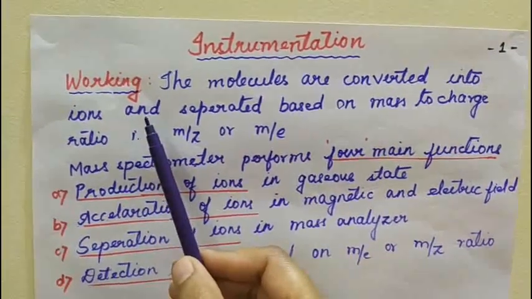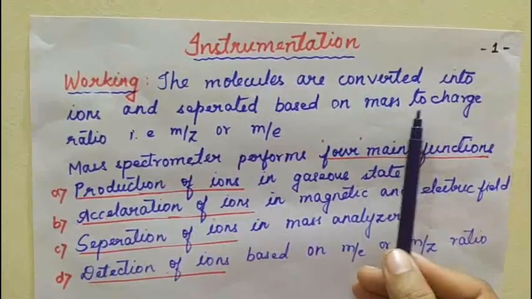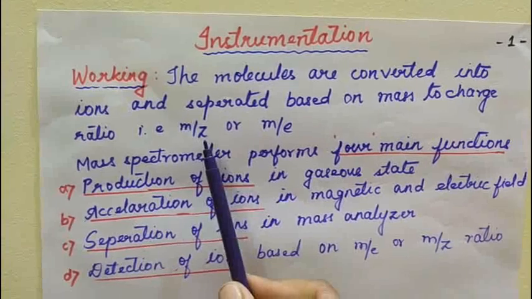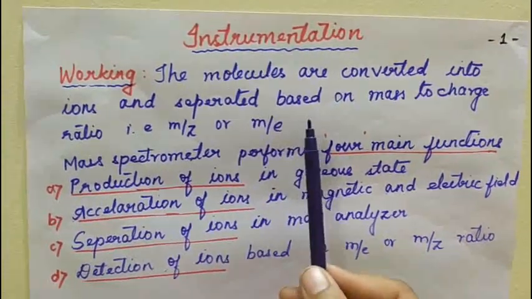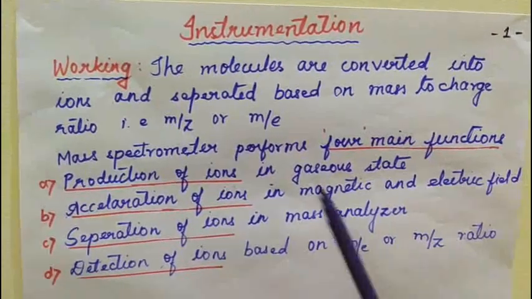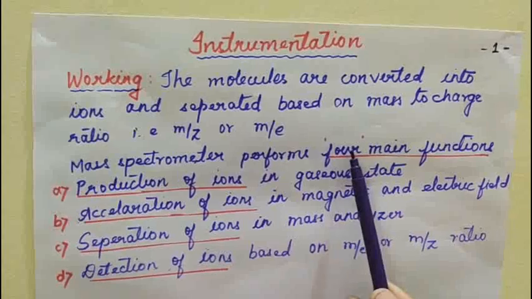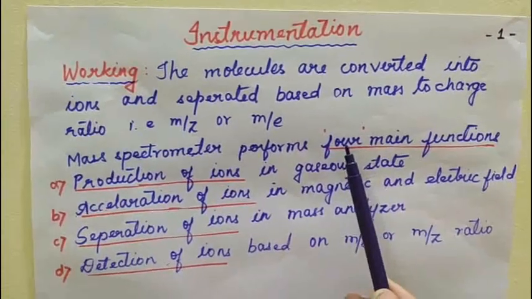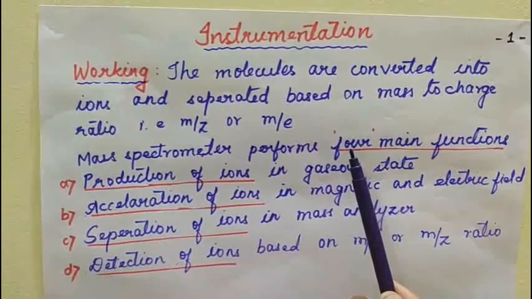the high energized electrons and separated based on the mass to charge ratio, that is m by z or m by e value. So, on bombarding the analyte with high energized electrons, this results in the formation of the molecular ion. The molecular ion, being unstable, undergoes fragmentation, resulting in the formation of fragment ions.